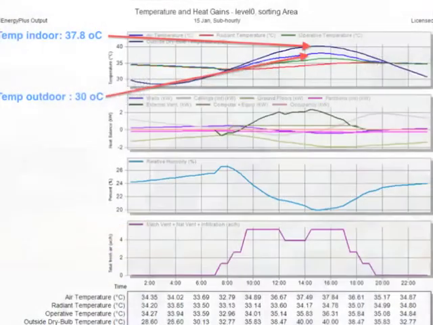So that's why you'd have these very high above-ambient temperatures. On an average 30-degree day, we saw that the indoor temperature was about 8 degrees higher than the outdoor temperature.